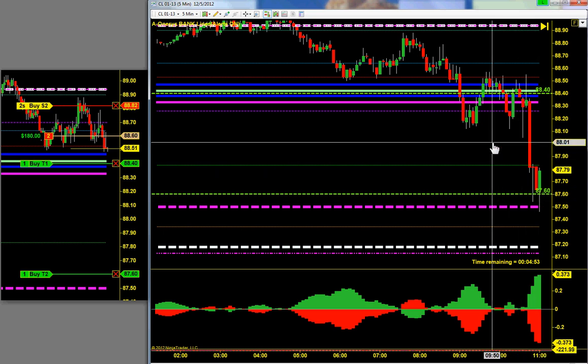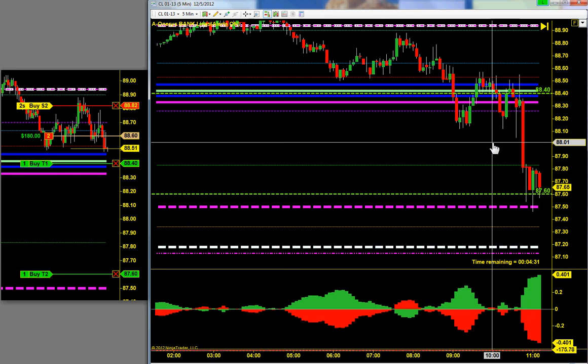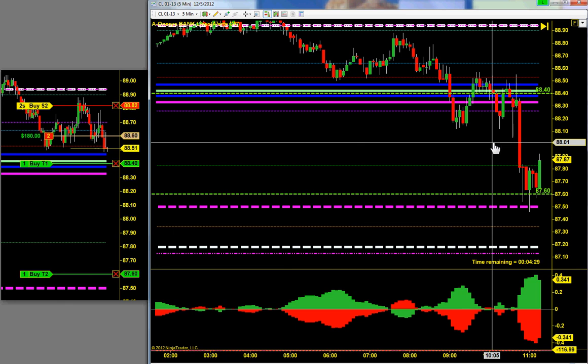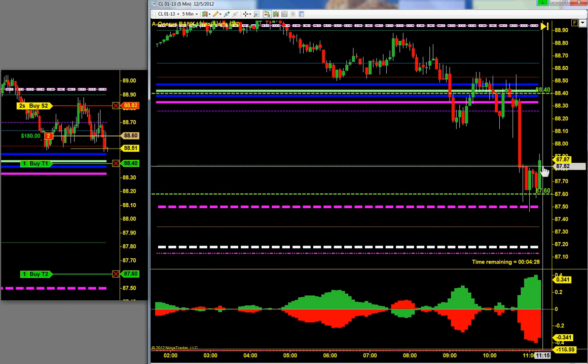There you go. This is a big decline from magenta. One more time, it tries to come down, and big decline again, and even rejected that green line by the market. Okay, an aggressive trader can enter here now.